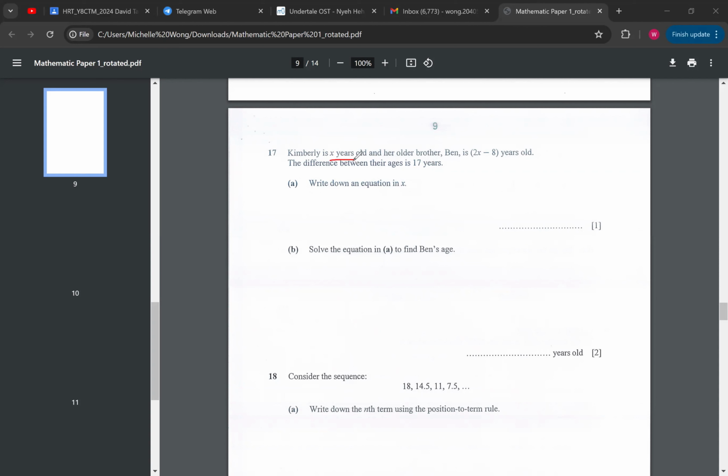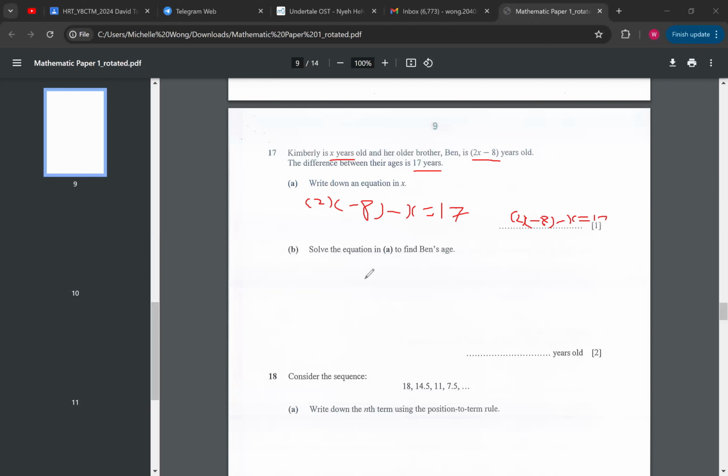So write down an equation in X. We take her older brother, bracket 2X minus 8 close bracket, and minus Kimberly's age equals the difference their age have been. So the answer will be 2x minus 8 close bracket minus x equals 17.